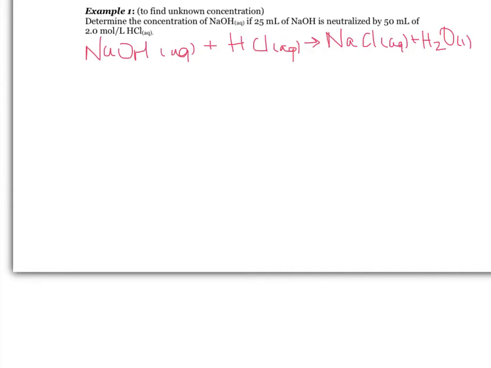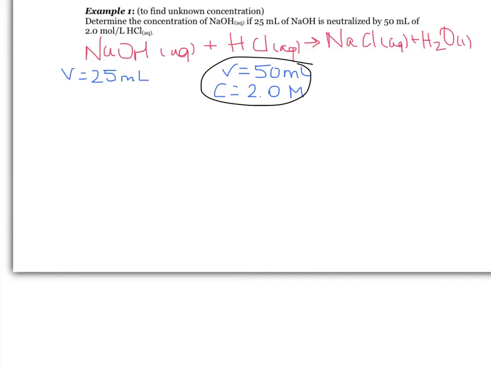You should also write the information given and required under the appropriate species. We are told that we have 25 milliliters of sodium hydroxide. We have 50 milliliters of hydrochloric acid, and the concentration is 2 molar. At this point, you should see that we have the concentration and the volume of hydrochloric acid.